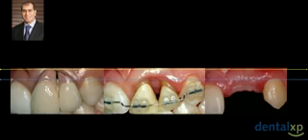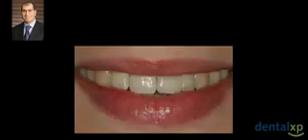What we really should be looking at is, did we achieve this? Because it is this tissue here that will dictate whether we achieved the ideal results or not. And if we did not, this could become a catastrophic failure, especially if we have a very high smile line. Finally, in this particular case, fortunately we were able to get away with this and restore this patient to such results.